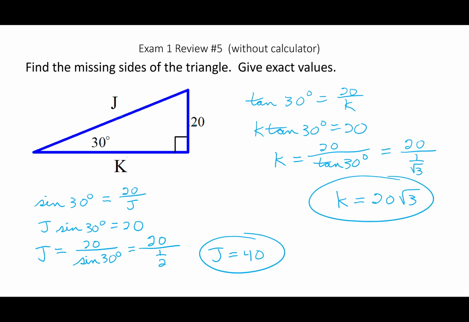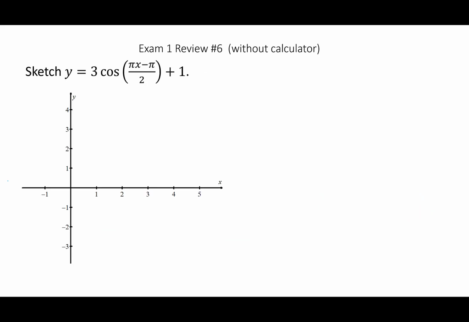All right, so let's move on to our next problem here, which is to sketch y equals 3 cosine of pi x minus pi over 2. And I think I'll actually start here by simplifying a bit. So I'm going to write y as being equal to 3 cosine of, this would be pi x over 2 minus pi over 2 plus 1.